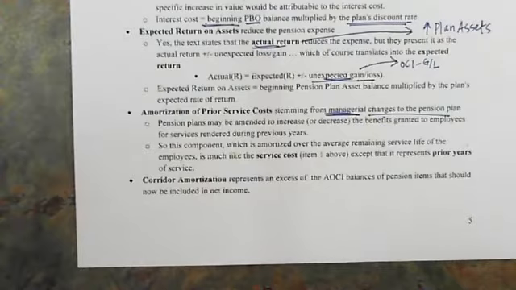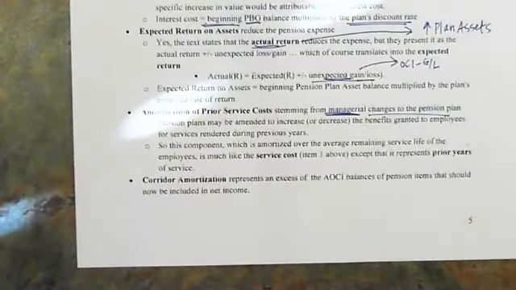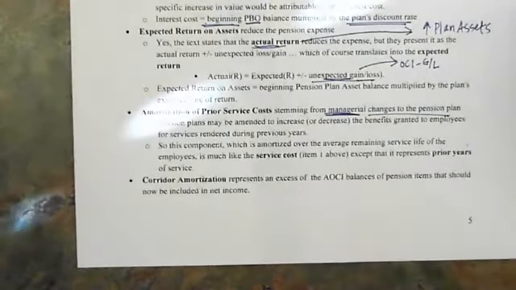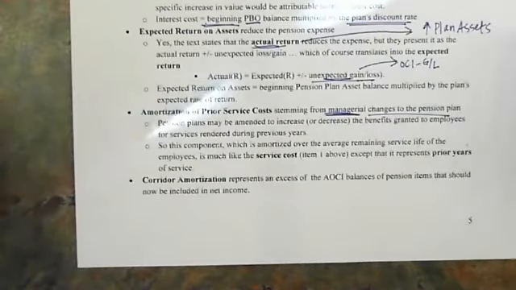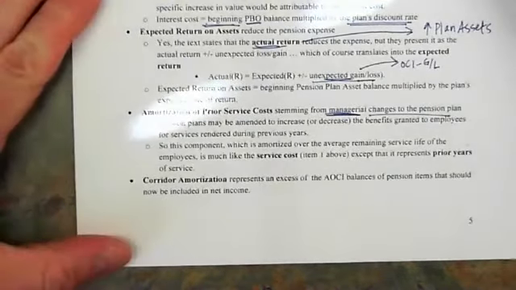So when this extremely large increase occurs, you're going to have to put it into accumulated other comprehensive income and then slowly introduce it into income over time. The reason you do it that way, again, is to avoid volatility of net income, slowly introduce it so that there's a trend over time.